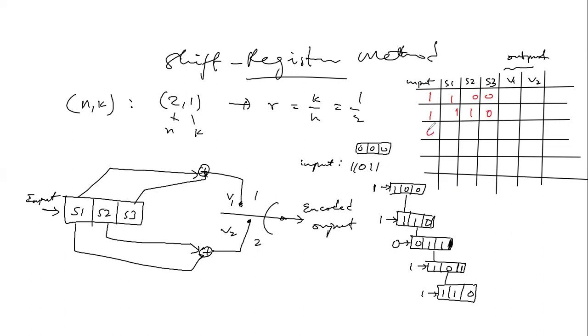Then when we feed in 0, we have 0, 1, 1. And then we feed in 1, we have 1, 0, 1. Then feed in the next one, we have 1, 1, 0.